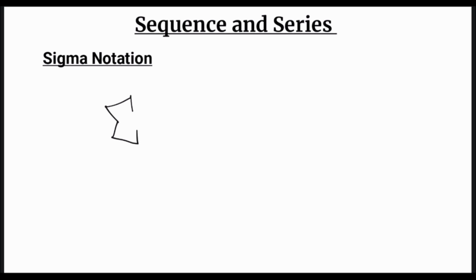So in general, in a sigma notation, in front of the sum symbol here, we have tk, and at the bottom here, we have k is equal to 1, and at the top here, we have n, right? And when we expand this, we get t1 plus t2 plus t3 plus tn.